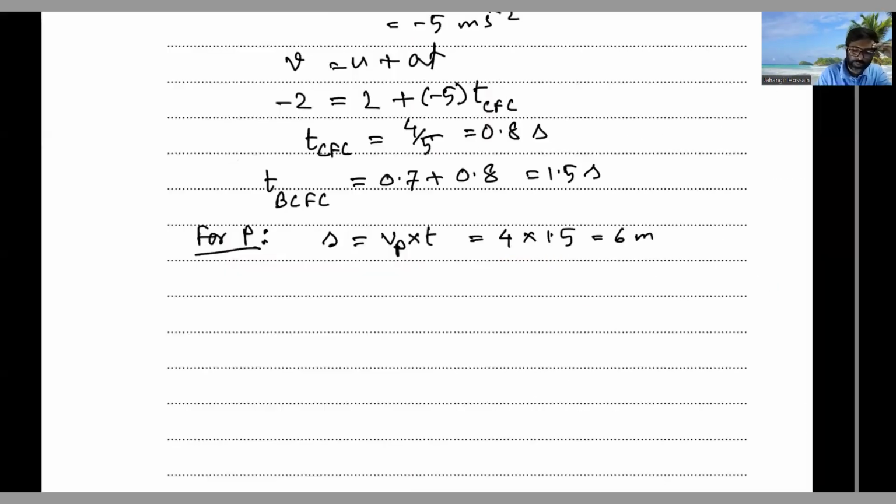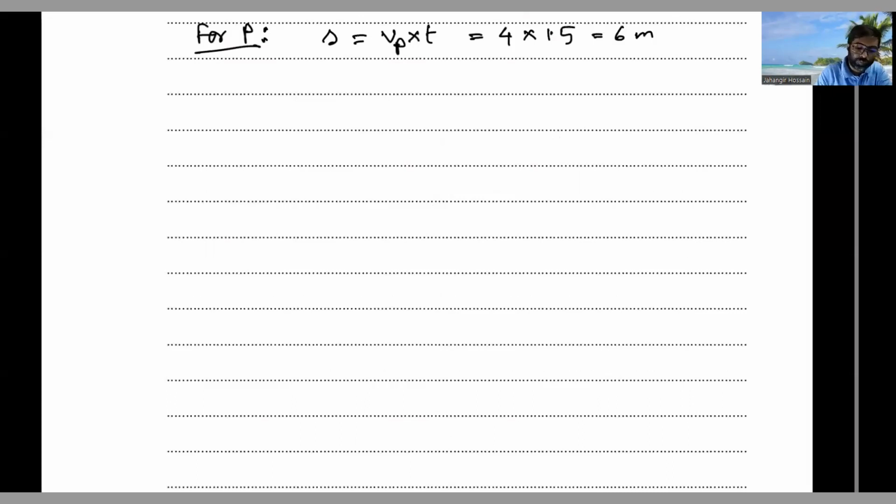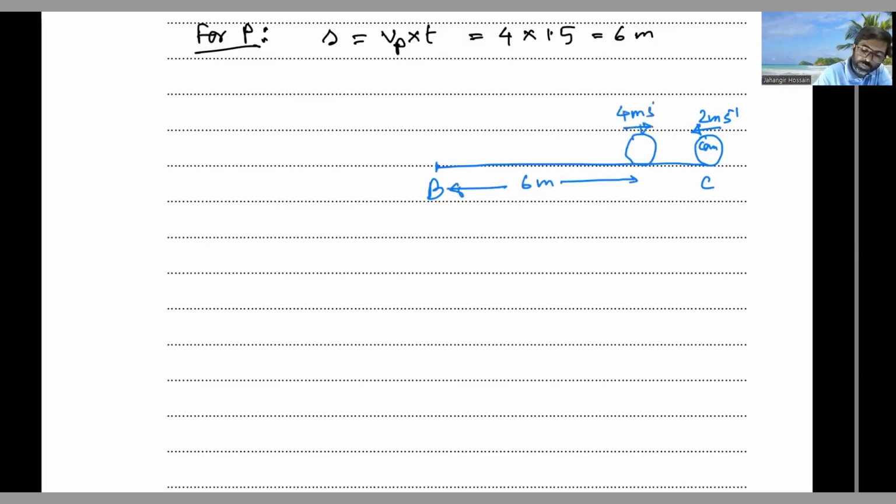Okay, so by the time, this is B, this is C, the combined particle is here, moving with the speed 2 meters per second towards P. P has already traveled 6 meters and it is moving with 4 meters per second speed.